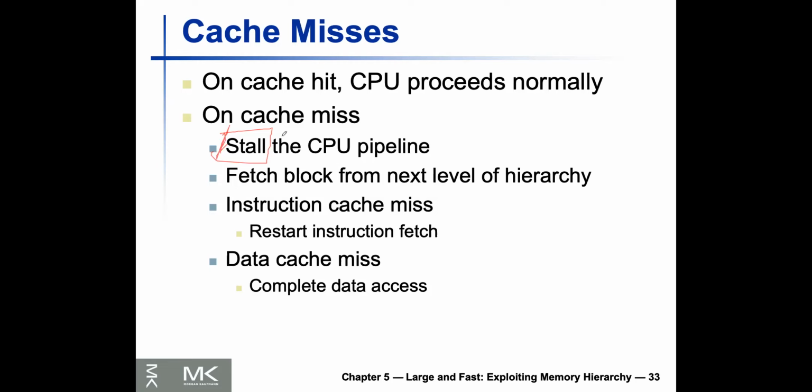Now you have to stall the CPU pipeline, and then we need to fetch the block from the next level of hierarchy. So if it was L1, we're going to go to L2, or if it had only one L1, we're going to go to memory, right? Because of this, we're going to have an instruction cache miss, and we have to restart the instruction fetch, and we're going to find the data which was missed, okay?